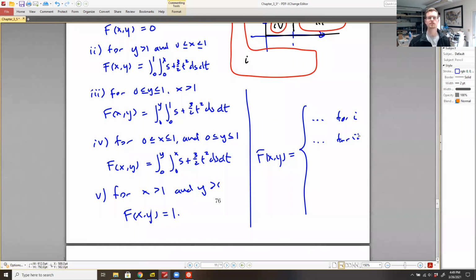In the second case, for y greater than 1, x between 0 and 1. For the third case, we're looking at y between 0 and 1 and x greater than 1. For the fourth case, we're looking at both of them between 0 and 1, and for the fifth case, both of them greater than 1.